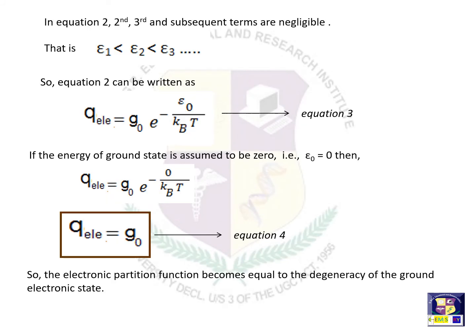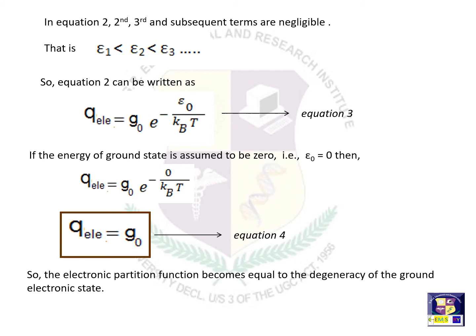In equation 2, we have written g0, g1, g2, which are the degeneracies of the ground state, first electronic state, second electronic level, and so on. When we see that equation, the second, third and subsequent terms are negligible, because we already said that the energy levels are so far apart and we are neglecting them.